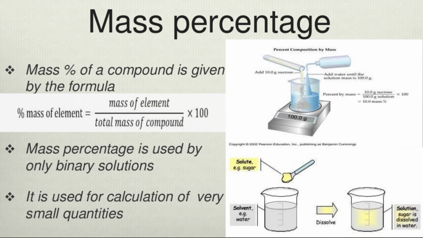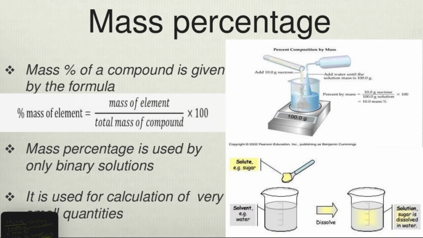Next, mass percentage. Mass percentage is equal to mass of solute divided by mass of solution, multiplied by 100. You can see the formula here.